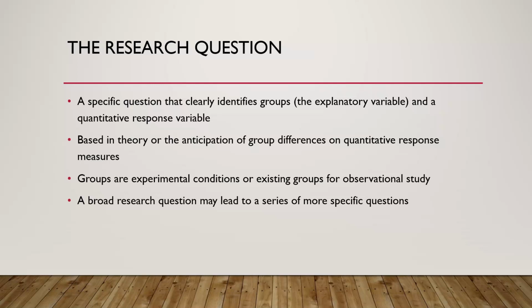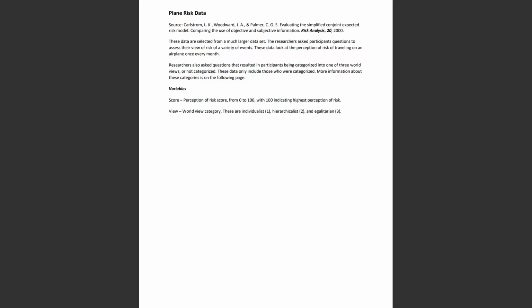So to set this up, let's go ahead and look at a data set that I'm going to use throughout this video series. These data I call the plain risk data. They come from an actual study that appeared in the journal Risk Analysis in 2000.